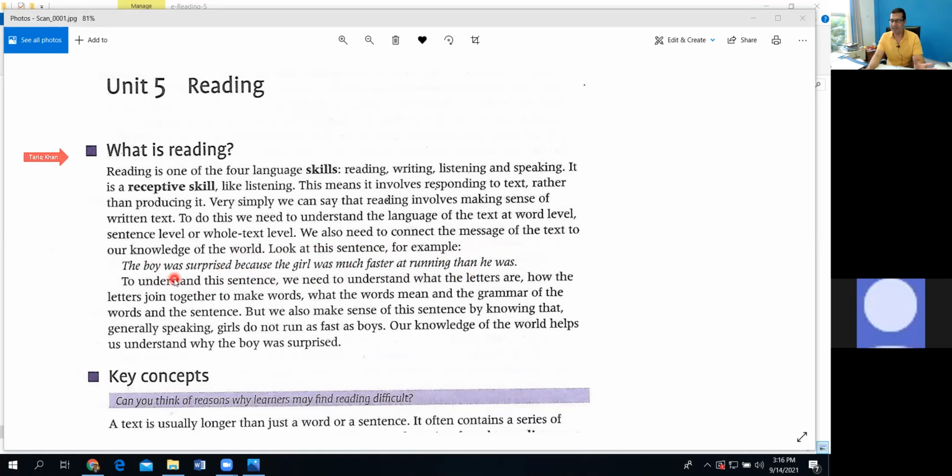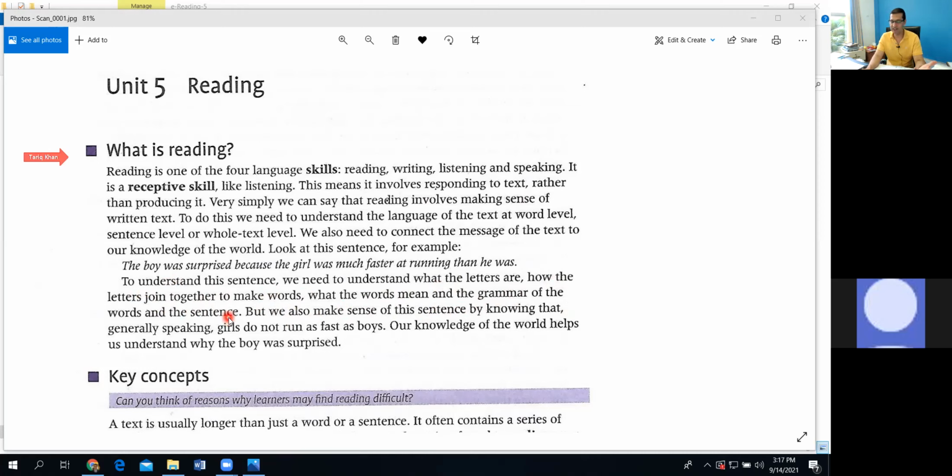Now, it's a sentence. We are trying to understand the meaning of this sentence. So, to understand this sentence, we need to understand what the letters are, how the letters join together to make words, what the words mean, and the grammar of the words and the sentence.